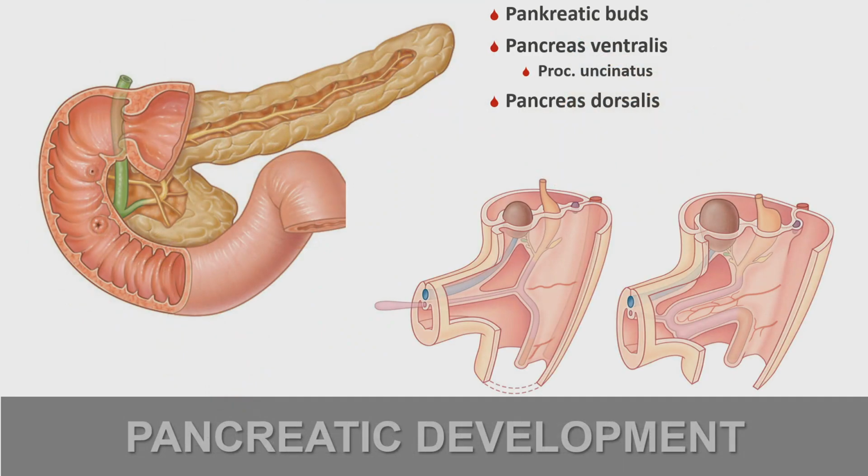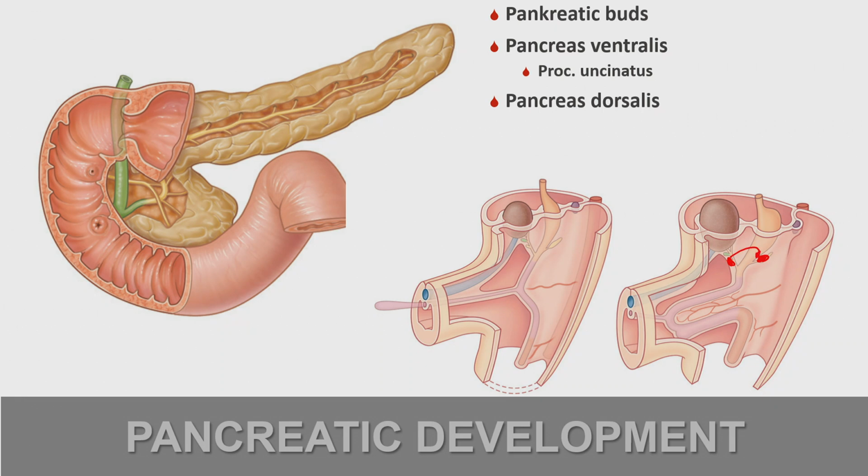So in this pancreatic development, I have said that we have two localizations on the primitive tube. Here is one, here is a second, and the ventral is rotating this way so that it is then dorsal.